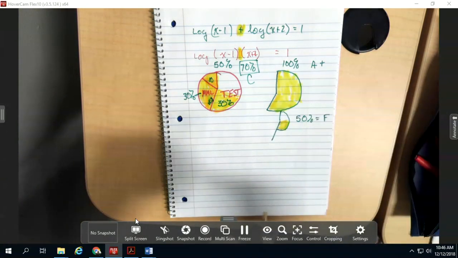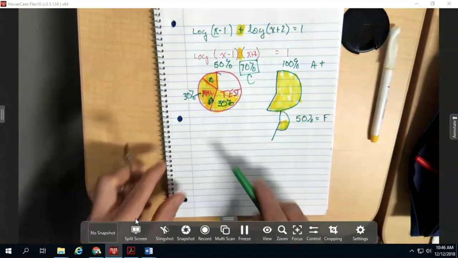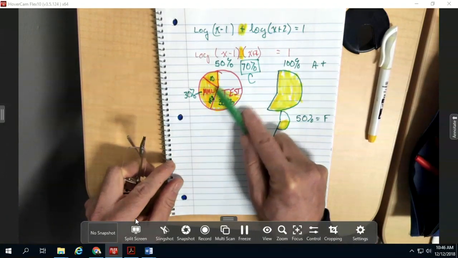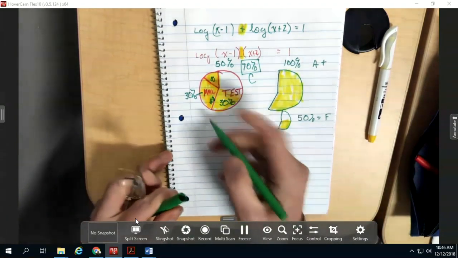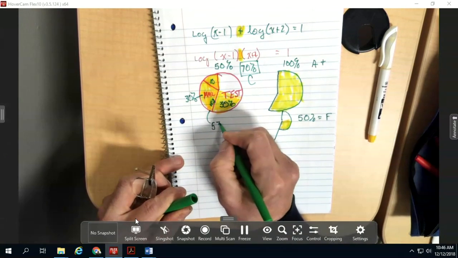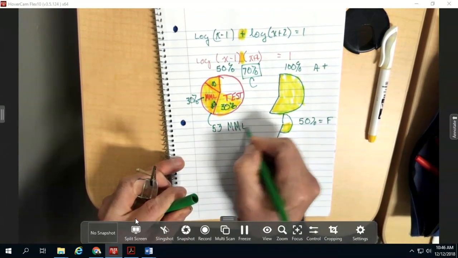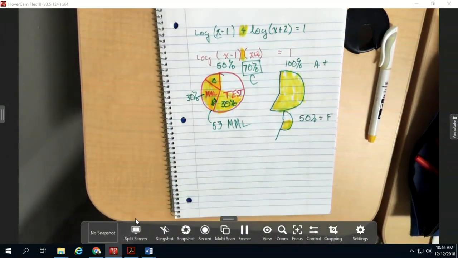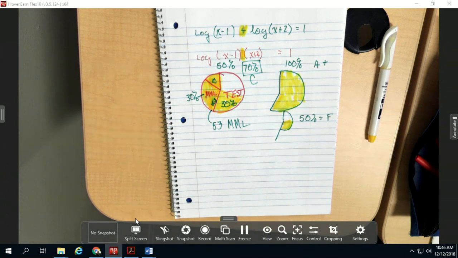So anyway, that doesn't totally answer your question, because if you have 53 My Math Labs to do, you either are in good shape or bad shape. If you know what you're doing, you're in good shape. If you don't do well on tests, you're in bad shape. If you're somewhere between those two, you're between those two. Got it? Yeah, Jess.